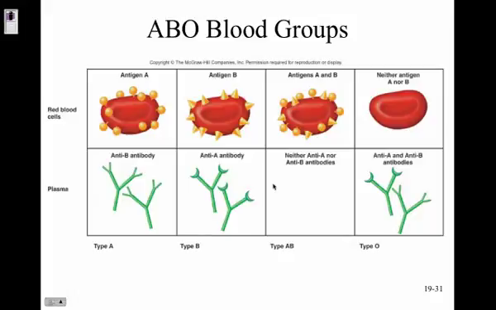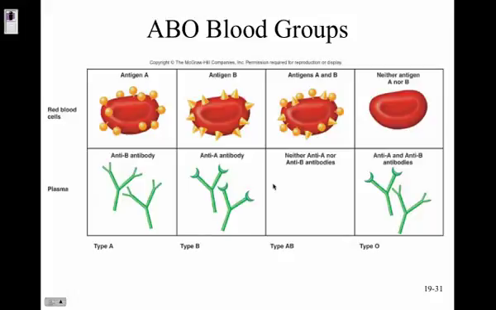If you have type B blood, you have antigen B on your red blood cells. Antibody A is floating around, the anti-A antibody, I guess. If you have type AB, that means you have both the A and B markers on your red blood cells, but you don't have any antibodies in your blood.